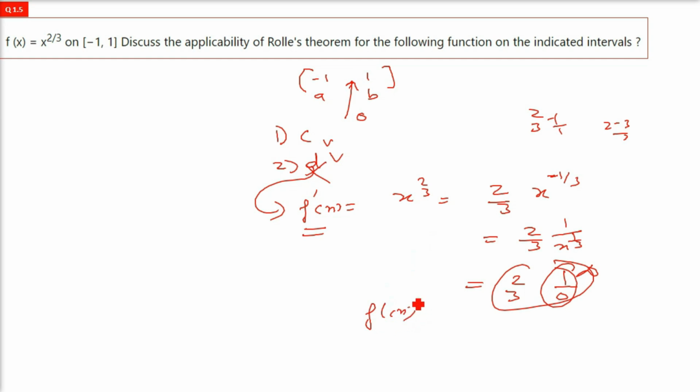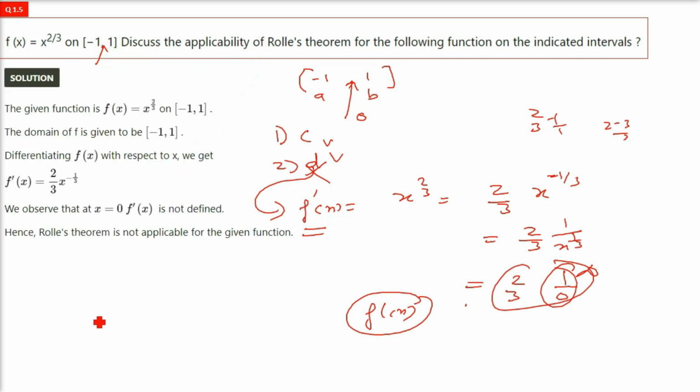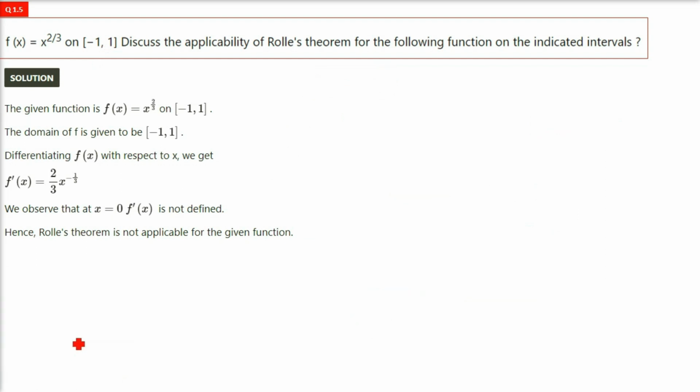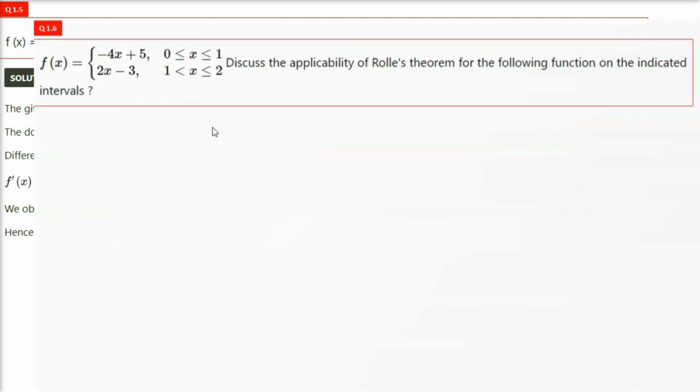When f'(x) is not defined, differentiability is not established, and you can very well say that Rolle's theorem cannot be applied in this interval for f(x) equals x to the power 2 by 3. This is what I have explained, and this is what you have to write. After all these discussions and our prior experience, we know how x to the power 2 by 3 is going to respond.